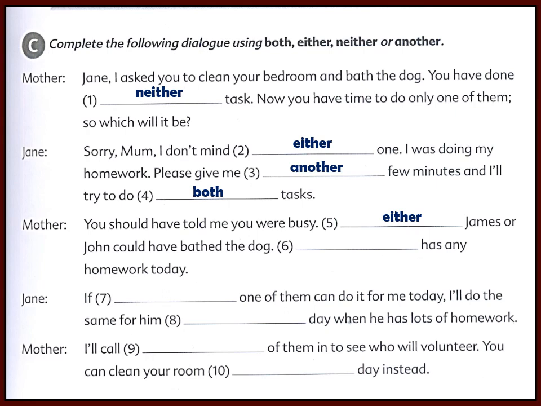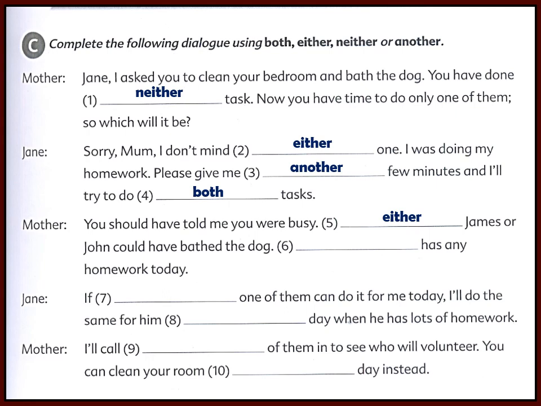Dash has any homework today. Now we are talking about 2, and both of them don't have any homework. It means 2 nouns, and they don't have any homework. So if you want to use just one word, what could it be? Both has any homework? That would be wrong, because has is singular and with both we use a plural verb. Remember, both is more than one.